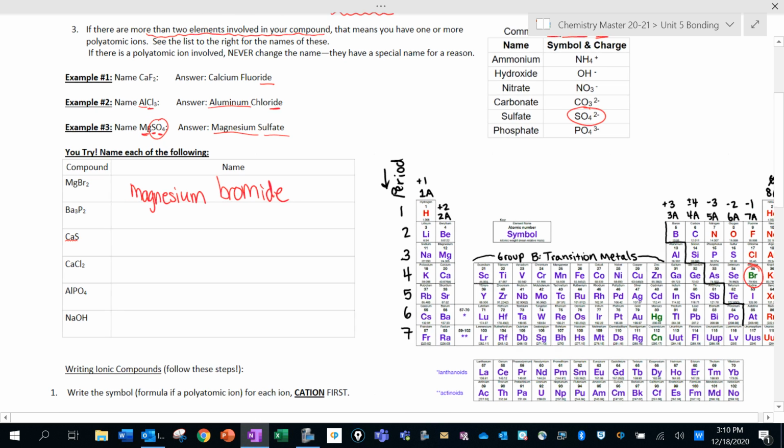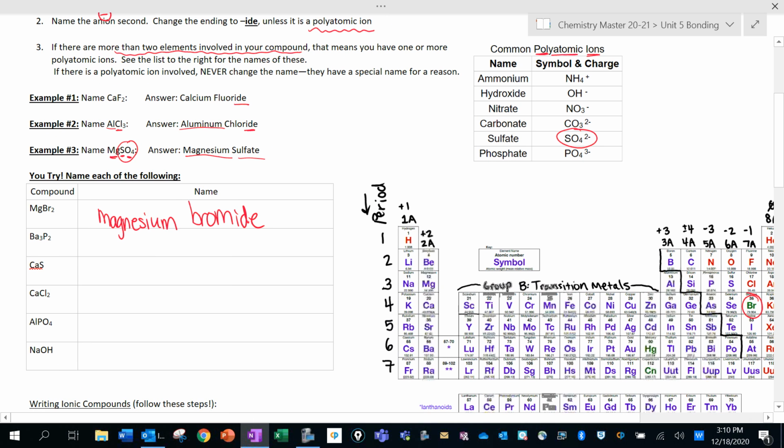All right. Let's look at the next one. Ba is right over here on the periodic table. That looks like barium. And then P right over here, it's phosphorus. And so what happens is we drop that "-ous" and we just turn it into phosphide. So phosphorus becomes phosphide. All right, Ca, that's right here, that is calcium.